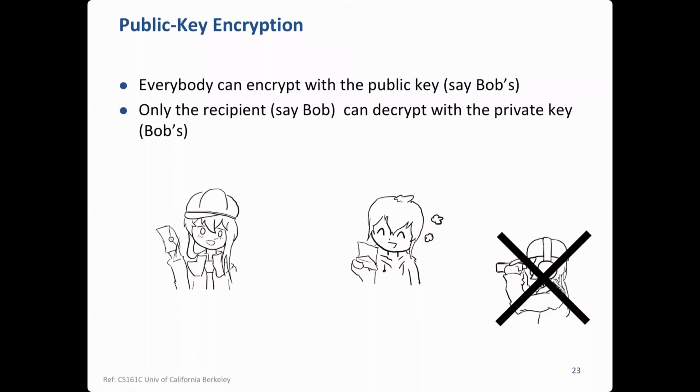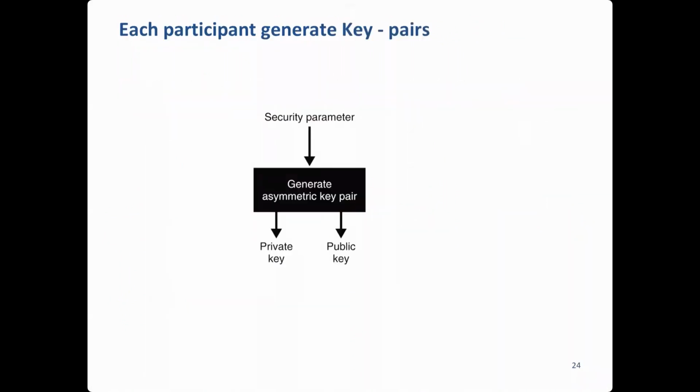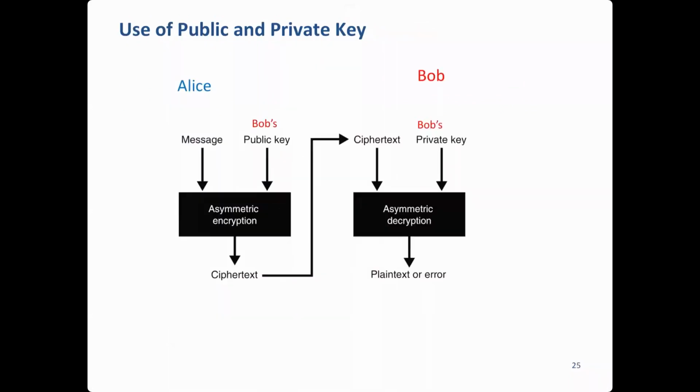So it means that in public key encryption in general, anybody can encrypt with the public key of Bob, when Bob is the recipient, and only Bob can decrypt it with his private key. All right, so it goes like this. I'm using a lot of pictures so that it becomes clear. Every participant generates two keys, private key and public key. Here is Alice, here is Bob.